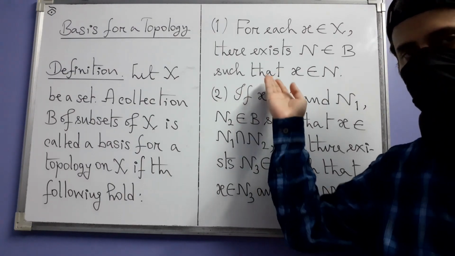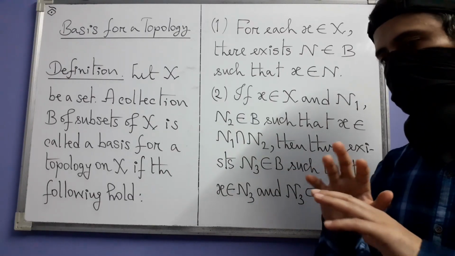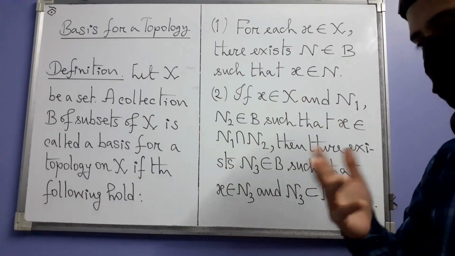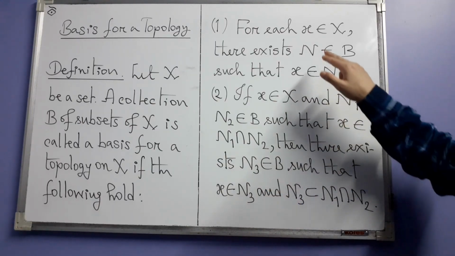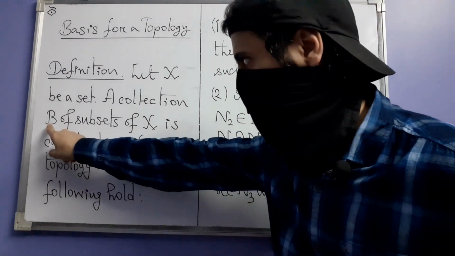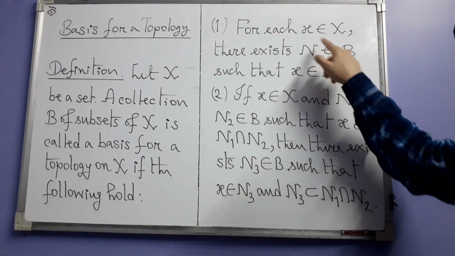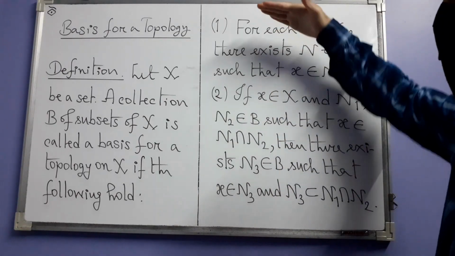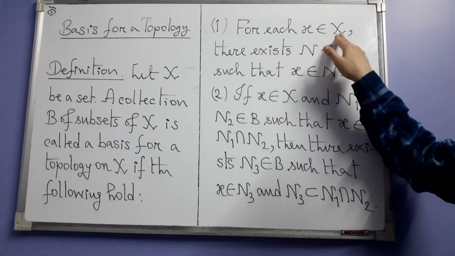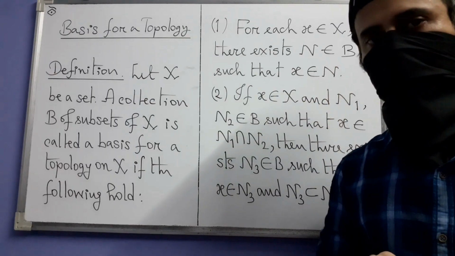How can you think of it? It can be phrased slightly differently. If we call the elements of B basis elements, that is, if we call these N's basis elements, then this condition tells us that every point of X is contained in some basis element.